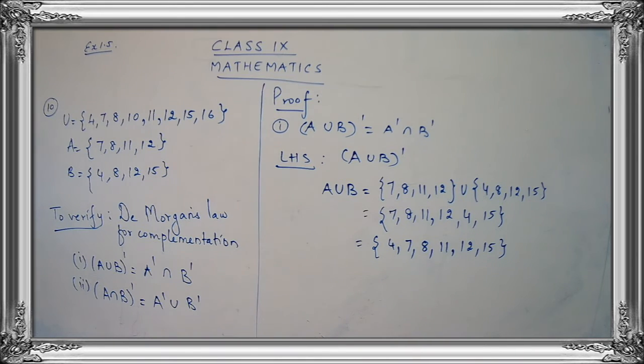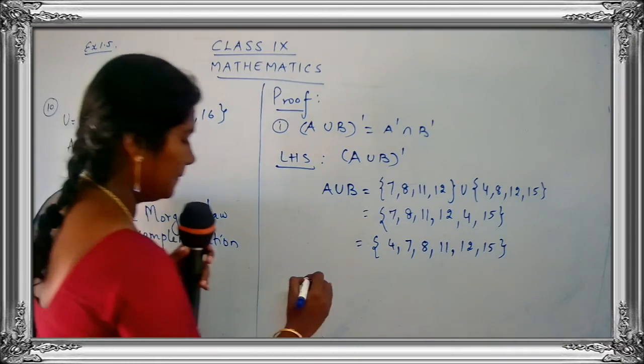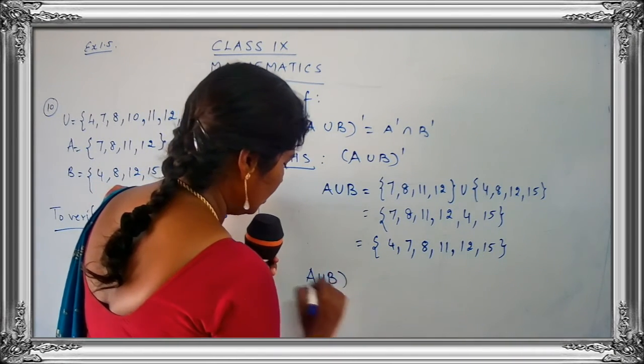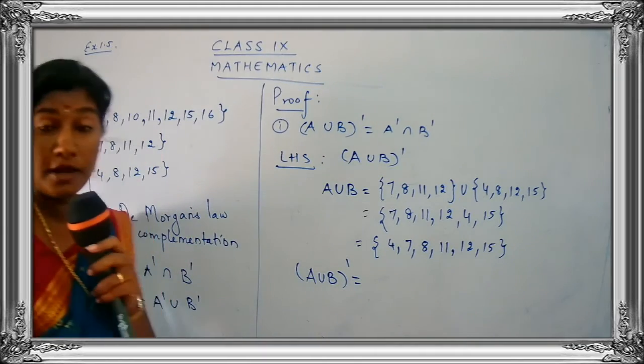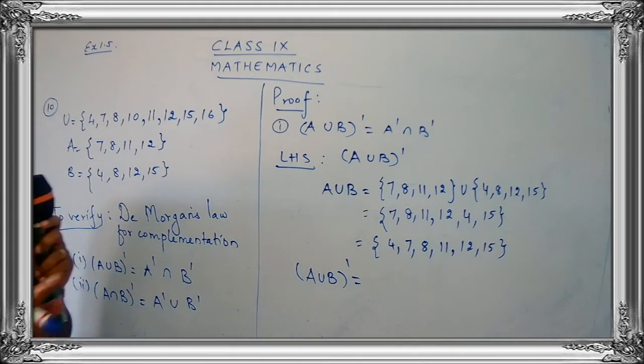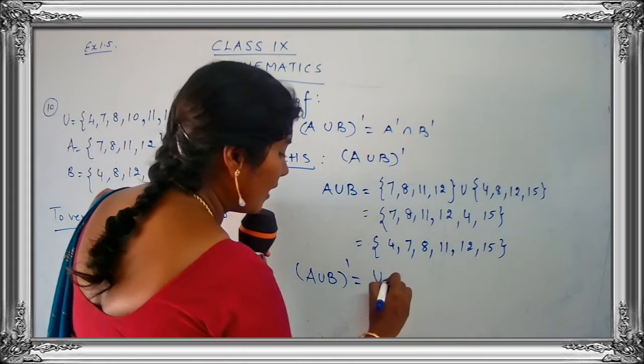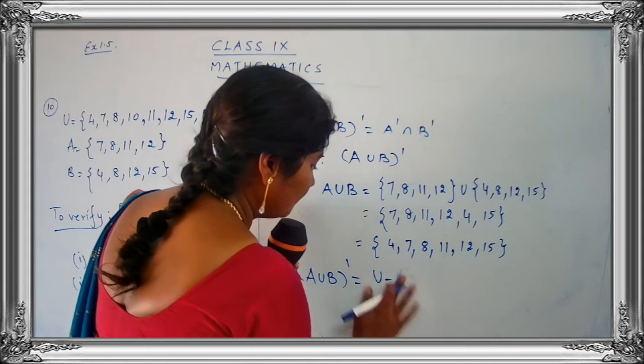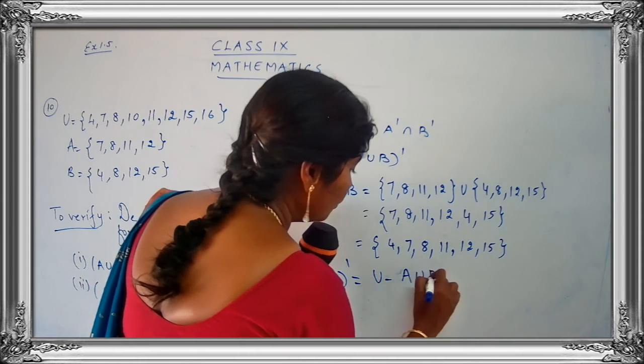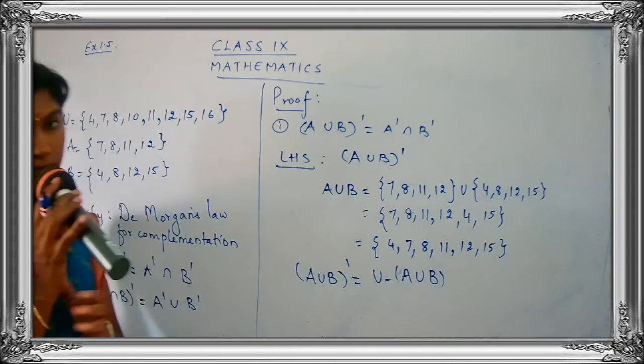Have you completed A union B, children? Now let's go for the required part. What is the required part? (A union B)'. Yes, so write down here (A union B)'. Now what is the formula for (A union B)'? You have to find U minus (A union B).